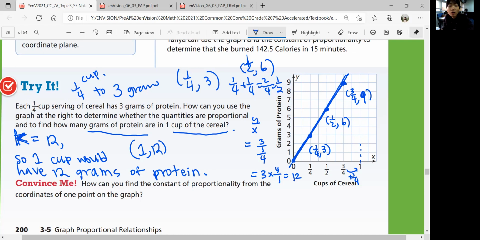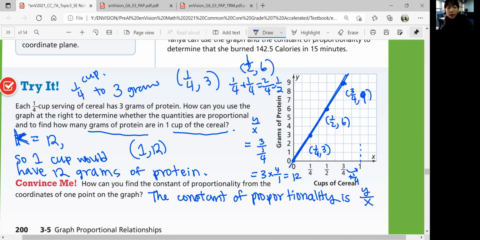Okay? Convince me, how can you find the constant of proportionality from the coordinates of 1 point on the graph? Okay, so first of all, what's the definition of the constant of proportionality? How do you get the constant of proportionality? The constant of proportionality is y over x.